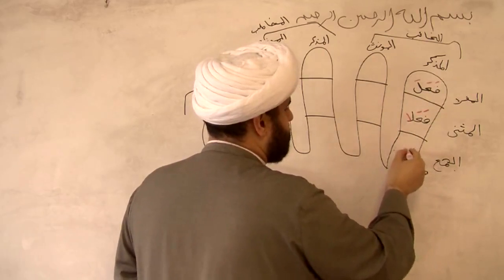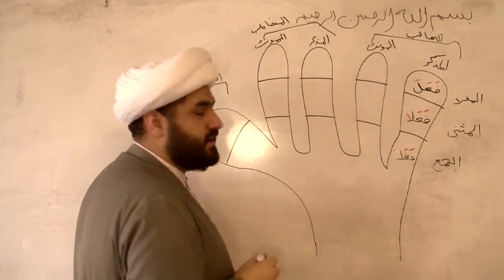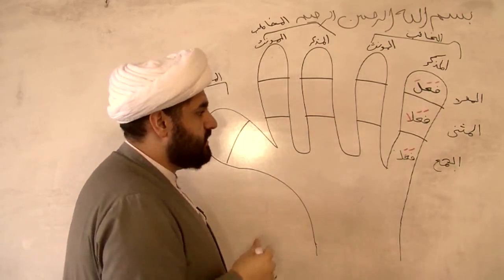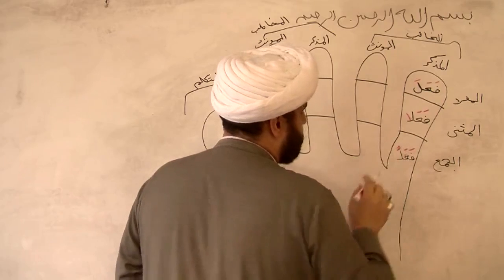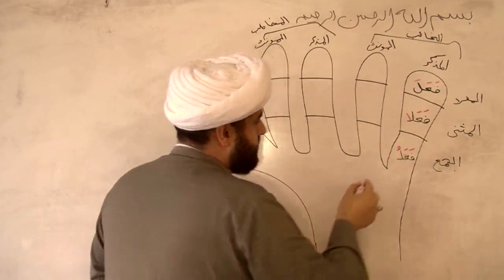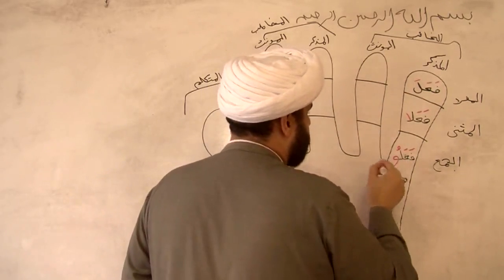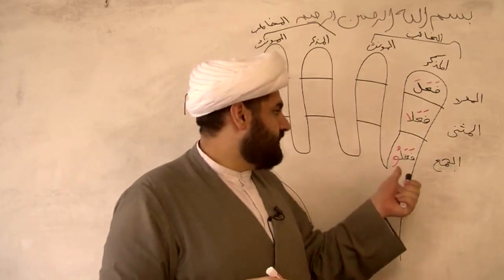So everything looks the same. The only thing that differs is the vowel on the third letter, or lam al-kalima. It changes to dhamma. Remember, it was fatha. Here it changes to dhamma. And then you add wav to the end of it. Fa'alu. It makes a long vowel.